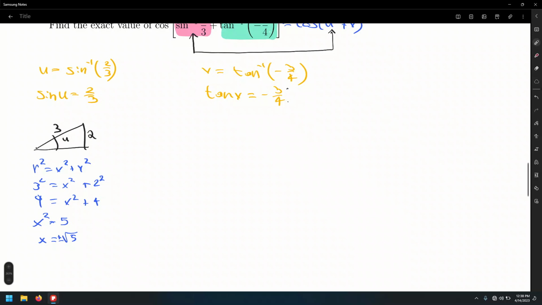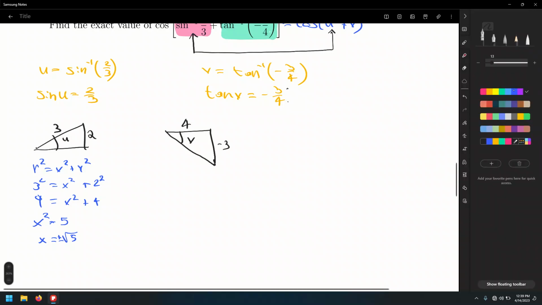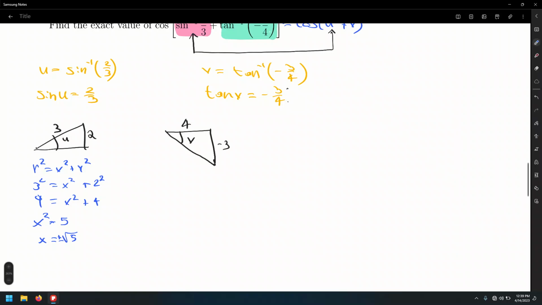I'm going to go with y being negative. So x is positive, y is negative. The triangular arrangement would look like this, and the angle will be this v, where the opposite is negative 3 and the adjacent is 4. Let's find the hypotenuse of the triangle.